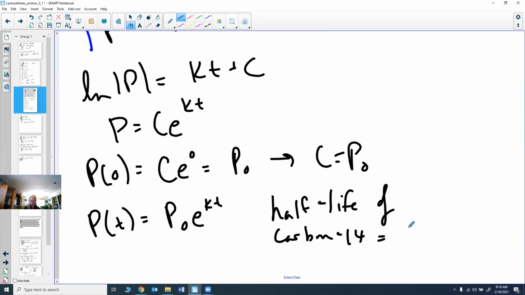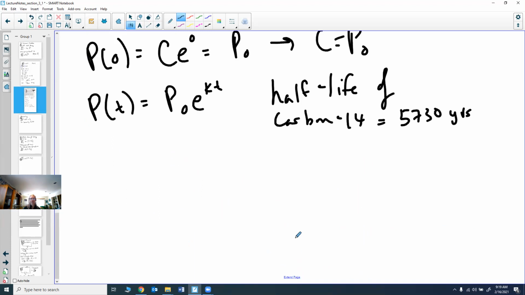We do happen to know what this is, and this is actually equal to 5,730 years. So what that means is in that time period, half of what you started with is left. So P of 5,730 would be half of what you started with, and we started with P0.